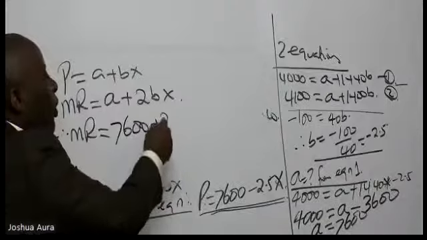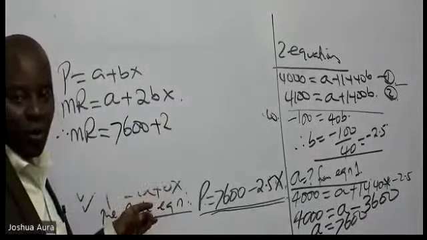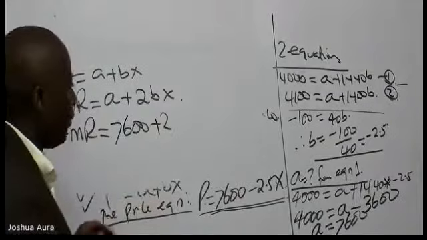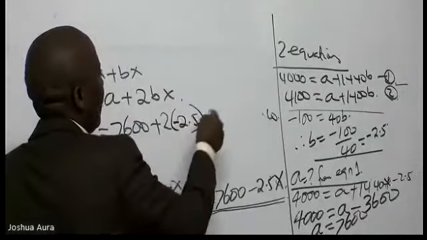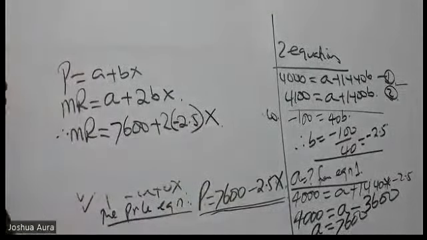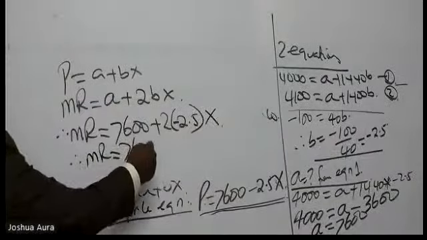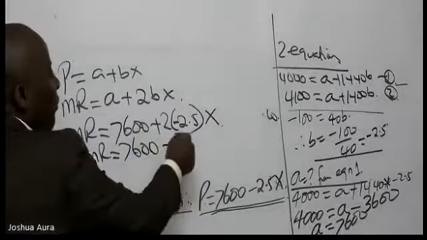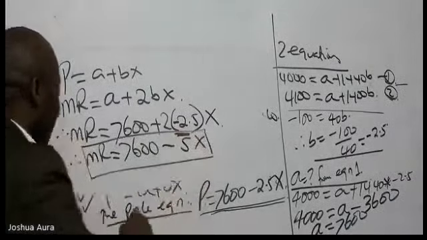Do you know the value of B? Minus 2.5. Then, of course, X we don't know. So my marginal revenue will end up being 7,600 minus 5X. This is the answer.